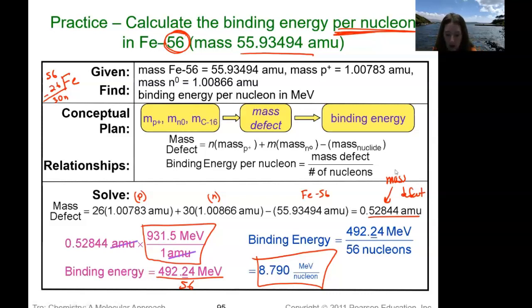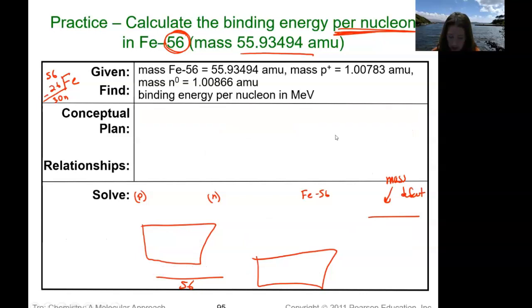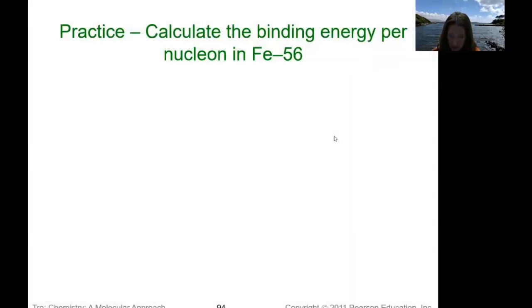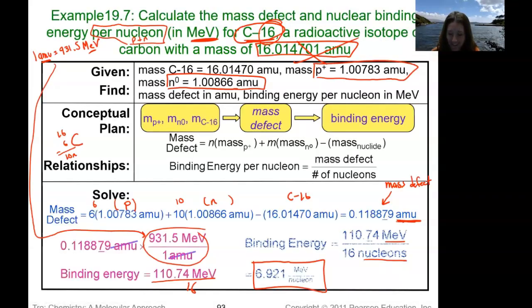Okay, so I'll let you write this down, and then I'm just going to show you the one right before it really quick. You can see this one's 8.97, which is higher than the other, .921.